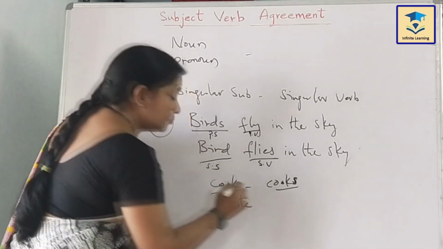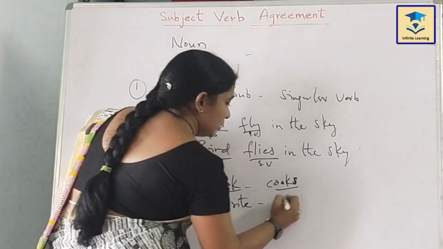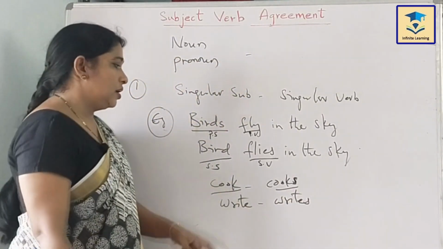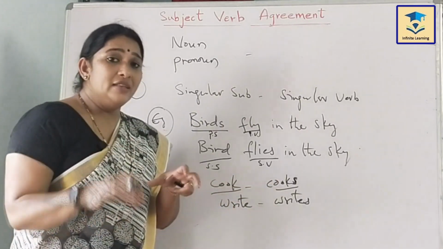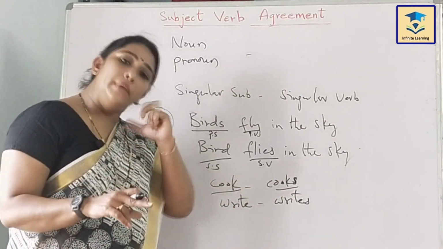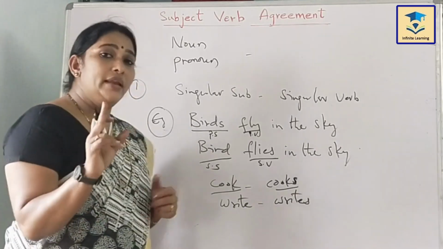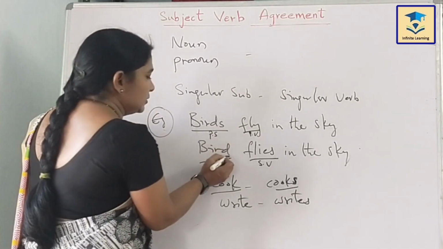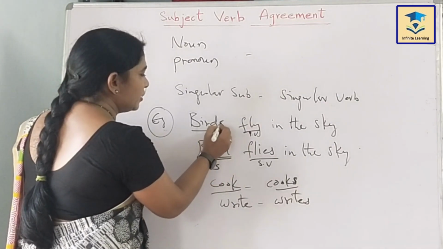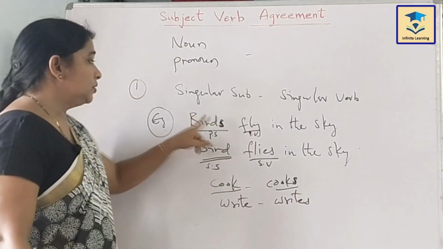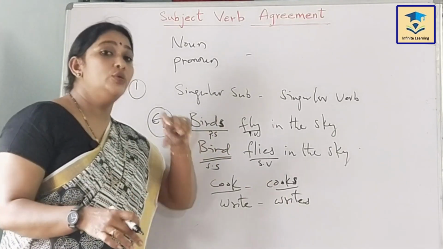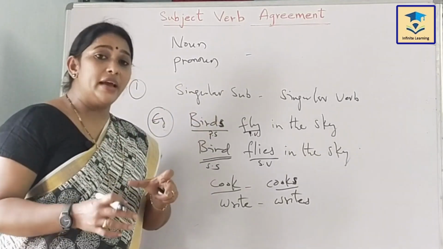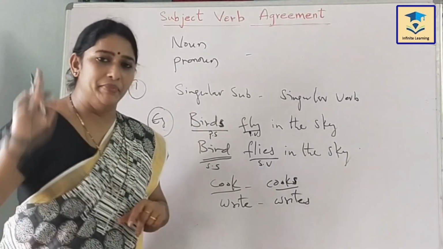Write, writes. W-R-I-T-E-S, writes, is a singular verb, not plural. In the same way, if S or Es is added to the noun, then it is a plural noun. Bird, singular, birds. S is added here to the noun. So, if S is added to the noun, then it is a plural noun. If S is added to the verb, that is a singular verb.